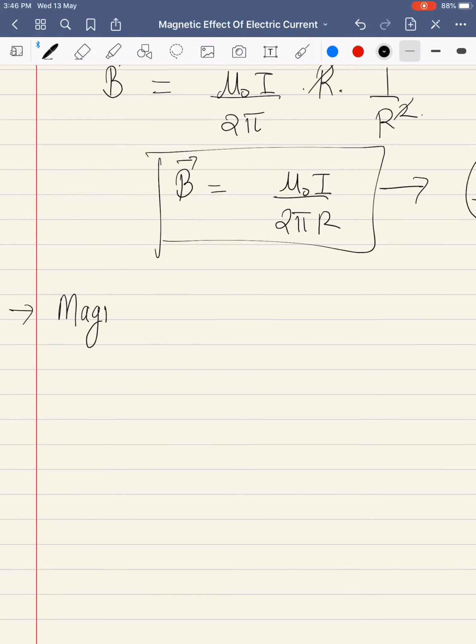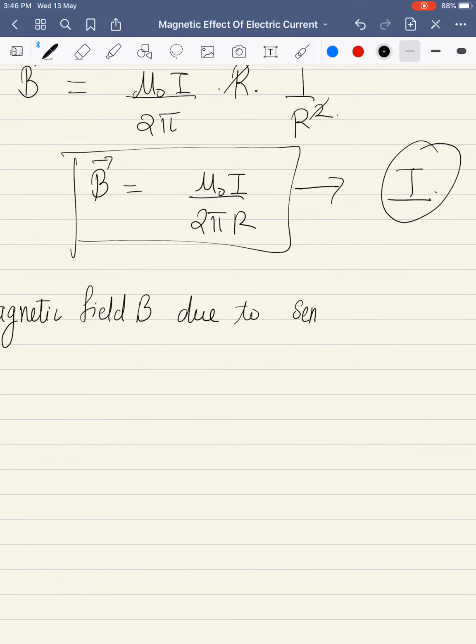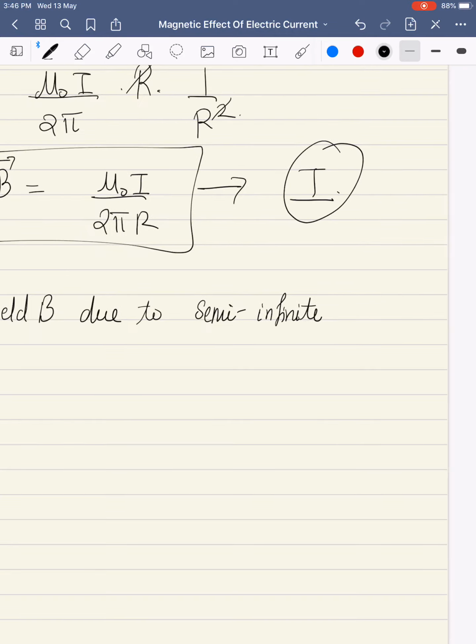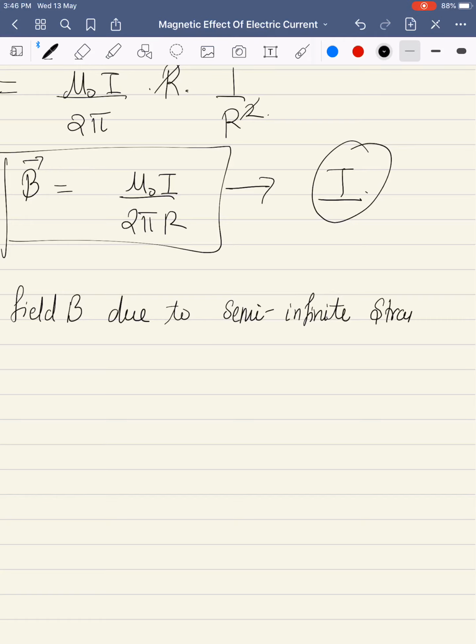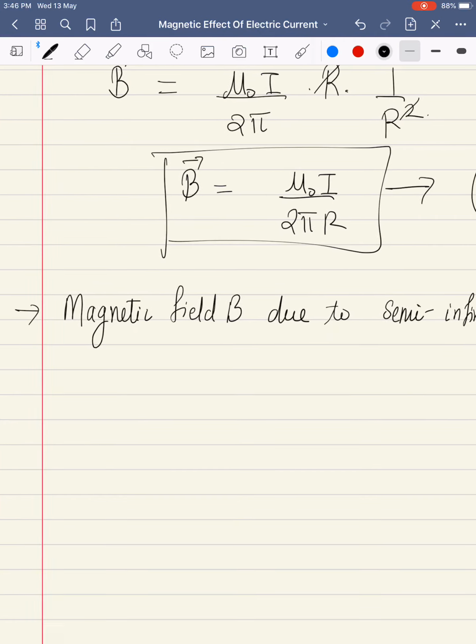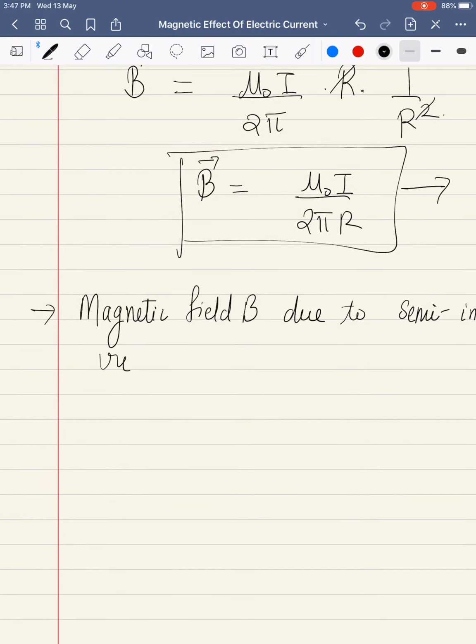So if I say about the magnetic field B due to semi-infinite straight wire, we say the net magnetic field will be half of the equation number 1. Yes or no? Semi-infinite length.